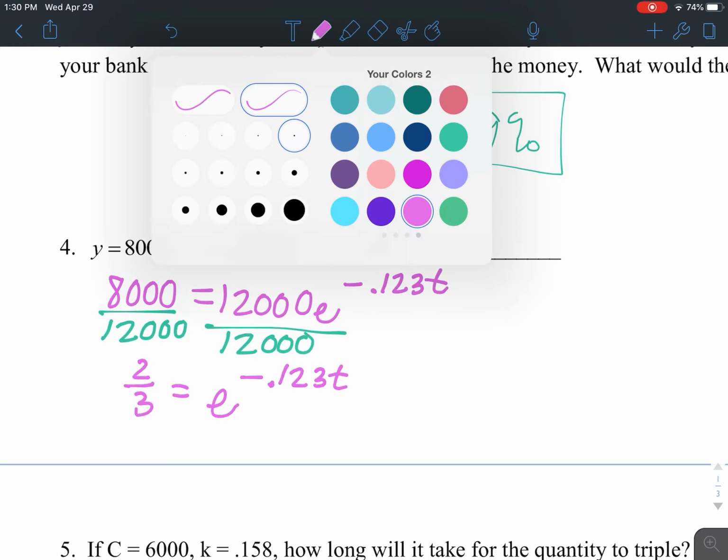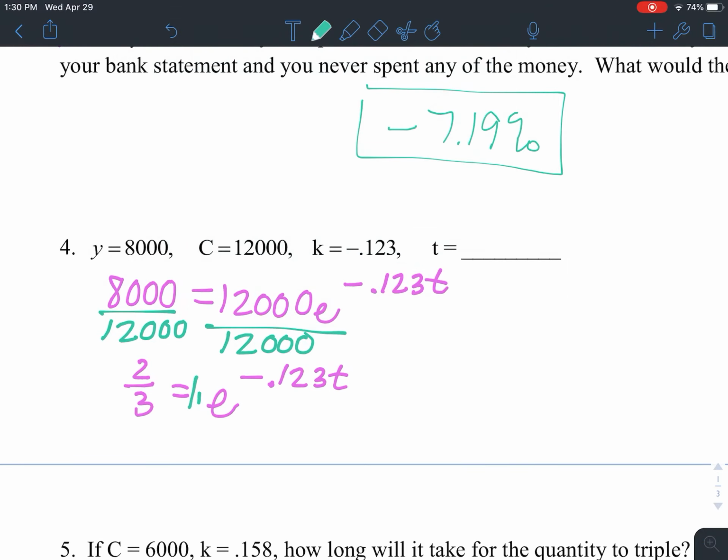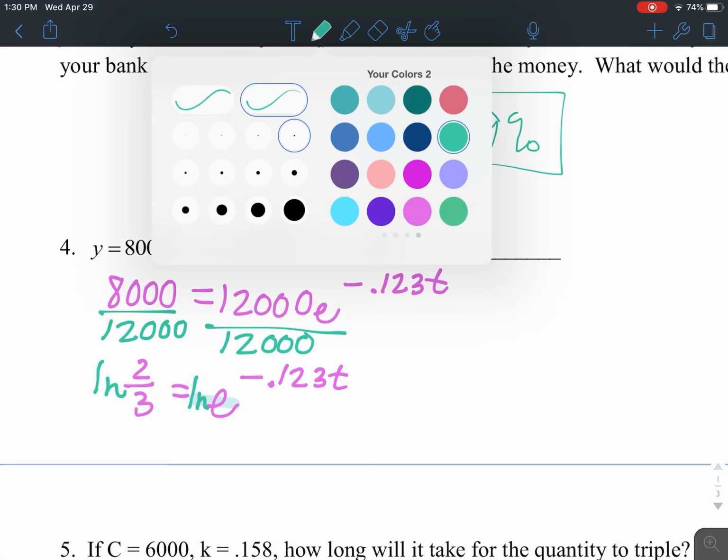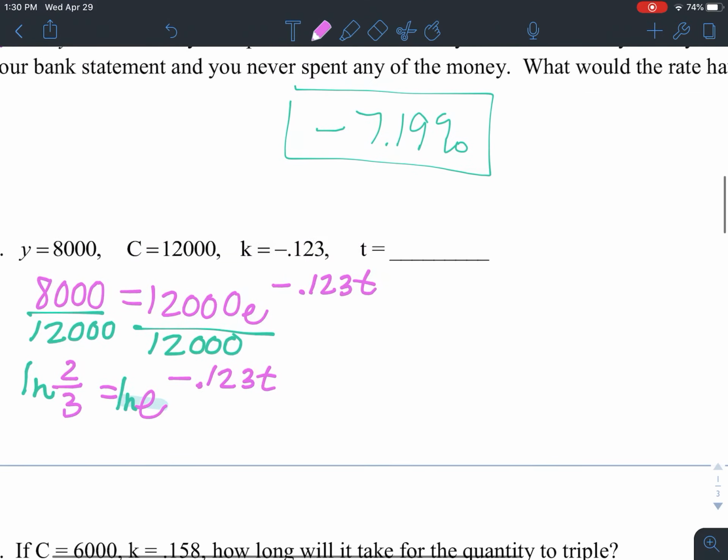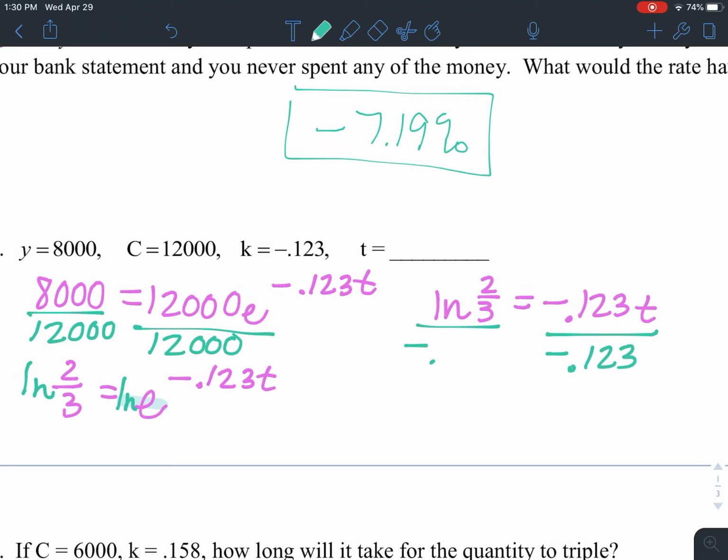To solve for your power, you need to ln both sides. That will make this cancel. So now we have ln of 2/3 equals negative 0.123t. Now divide both sides by negative 0.123.